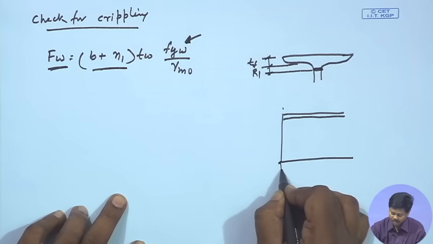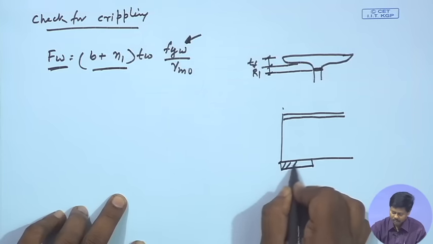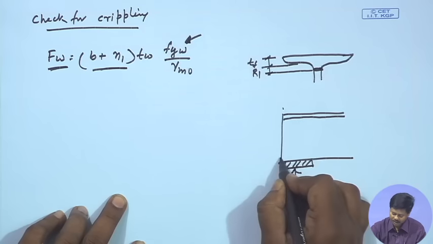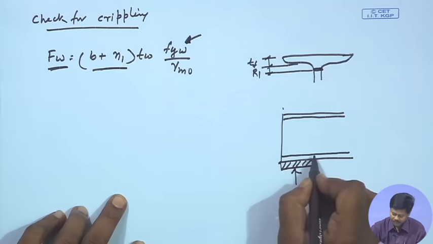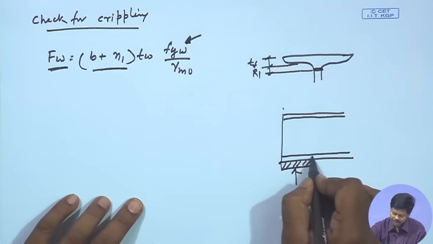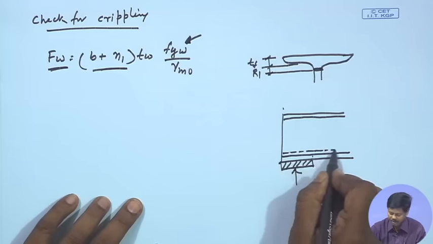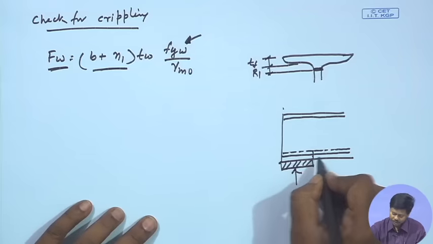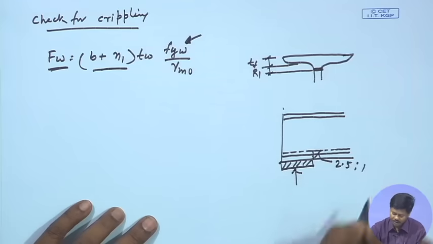Because of the bearing at the support, dispersion will happen like this. If this is the flange and up to this it is the root of the web, it will disperse up to this with 2.5:1 ratio.